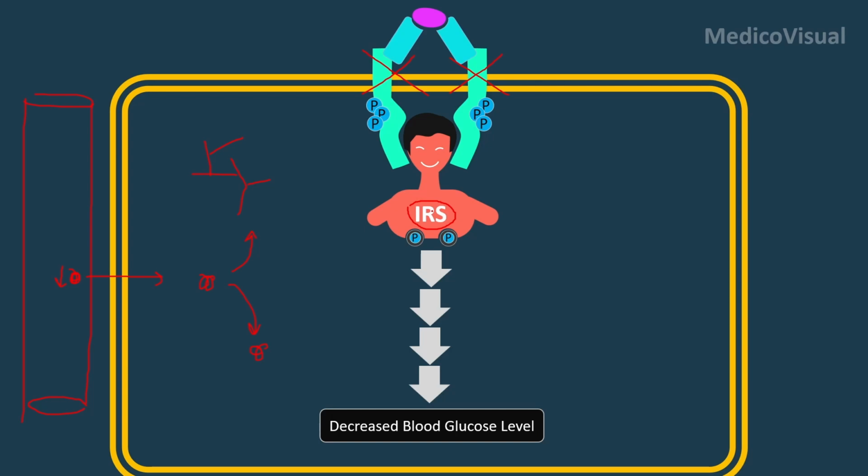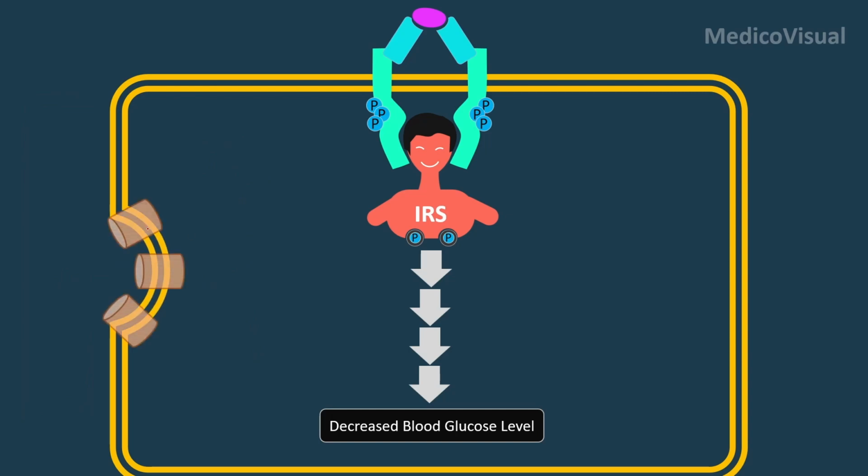So what they say is that there is some problem with the receptor or post-receptor components of the signaling cascade that leads to insulin resistance. The problem can be anywhere from the receptor up to the glucose transporters called GLUT4.